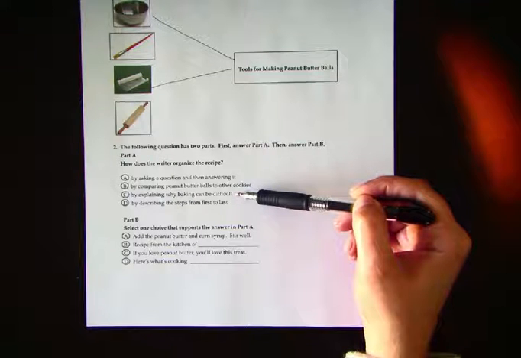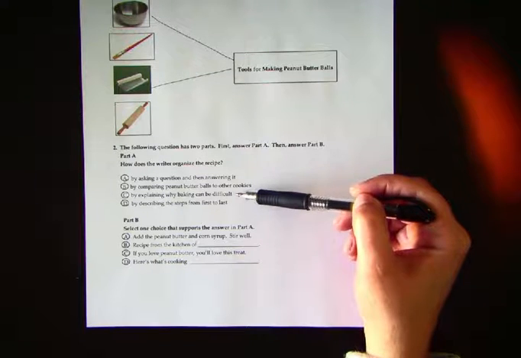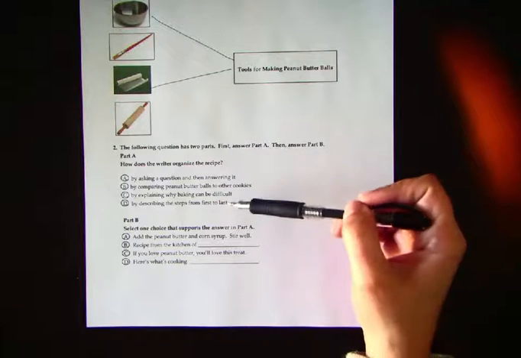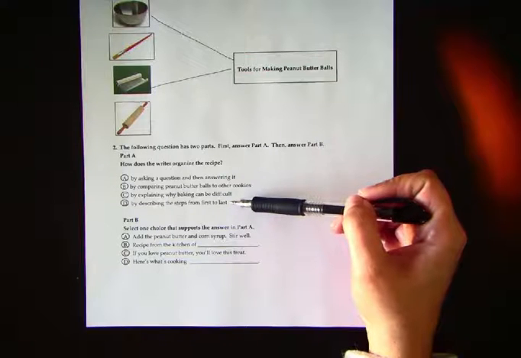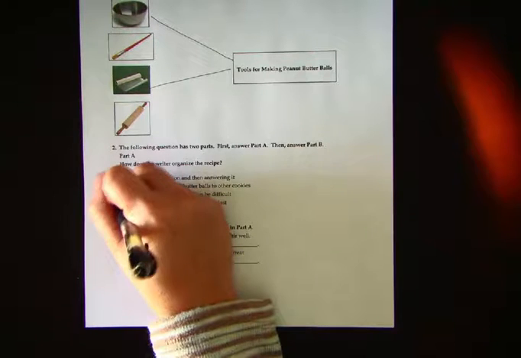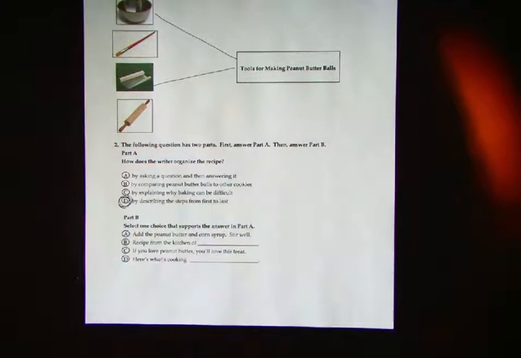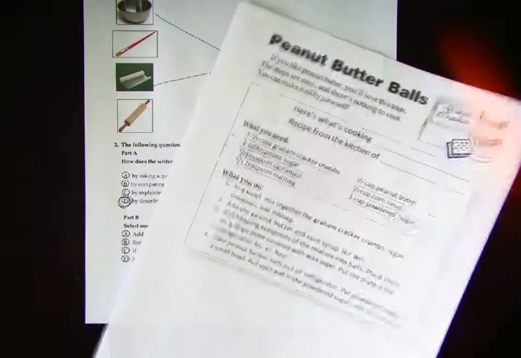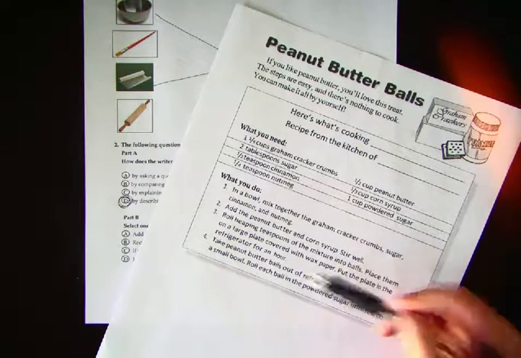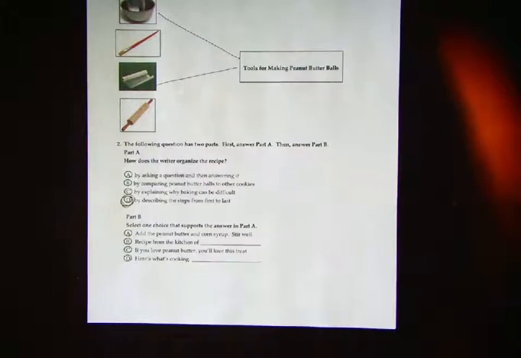Didn't do that. In fact, they told us that there's nothing even to cook or to bake. Okay, so D is by describing the steps from first to last. And that was definitely in here. So I'm going to go ahead and circle that one. Right down at the bottom it says what to do. So it described the steps.